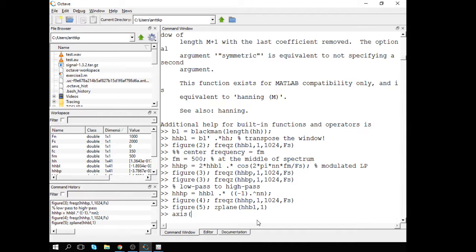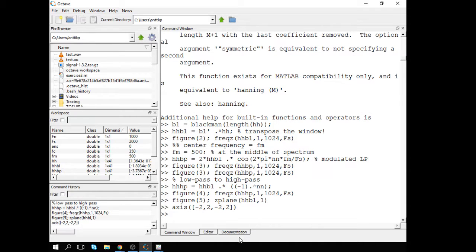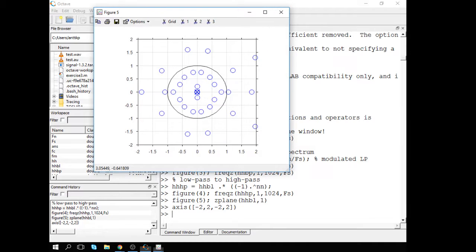Axis minus 2, 2, minus 2, 2. Okay. Ah, nice. That's the zero pole plot for this filter. Does it tell you anything? Not really.